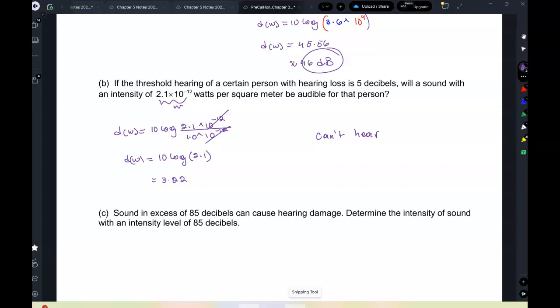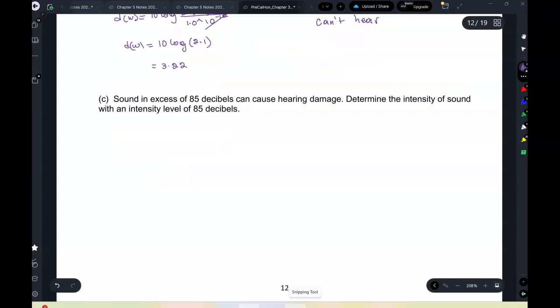And then, anyways, okay, sound in excess of 85 decibels can cause hearing damage. So, okay, that's how your iPhone regulates all this. Determine the intensity of sound. So intensity is W, right? Always when you have these confusing letters and they're hard to keep track of, always write them down like this.